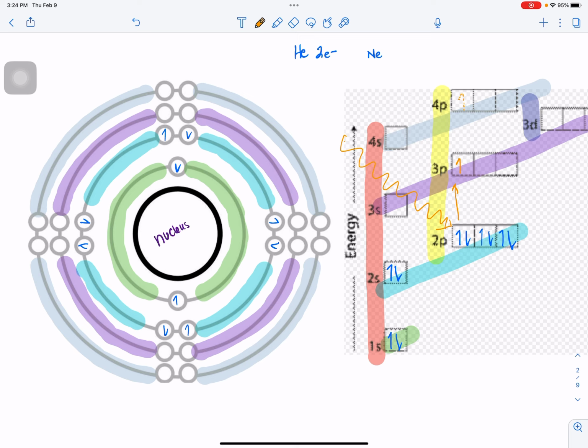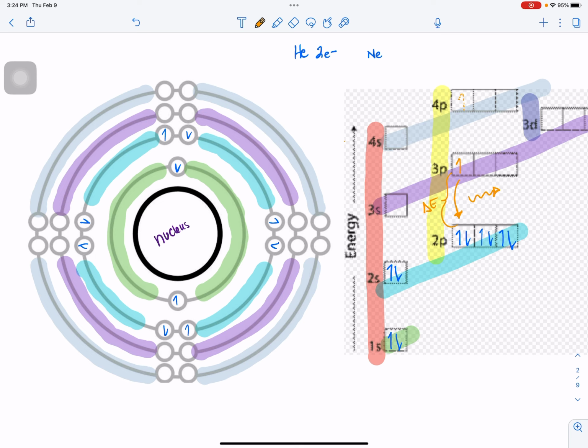Like I said, I'm actually violating rules, but that's okay. So when I remove the light, so light is now gone, the electrons will go back to where they were. And the only way they can do that is if they give off a certain amount of light. So when this goes back, this will then give off a photon that is exactly equal to the difference in energy.